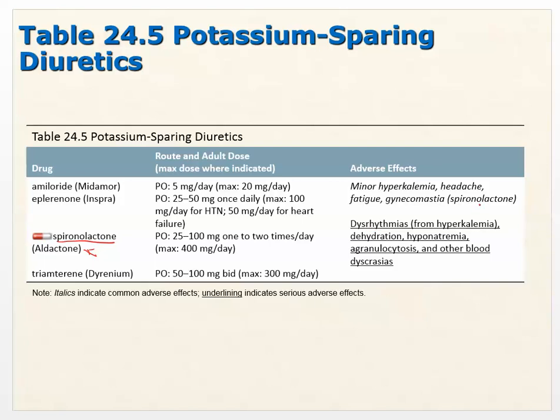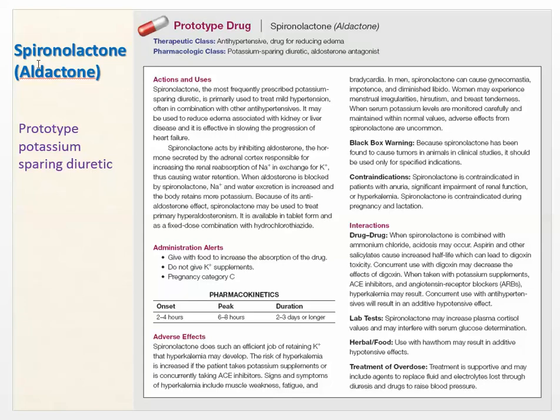Dysrhythmias from the hyperkalemia. That's something that you really want to watch. Always watching those potassium levels for dysrhythmias. Dehydration, hyponatremia, agranulocytosis, other blood dyscrasias. So you can kind of go through that. So again, here's your prototype drug sheet for spironolactone or Aldactone, and you can kind of go through that.